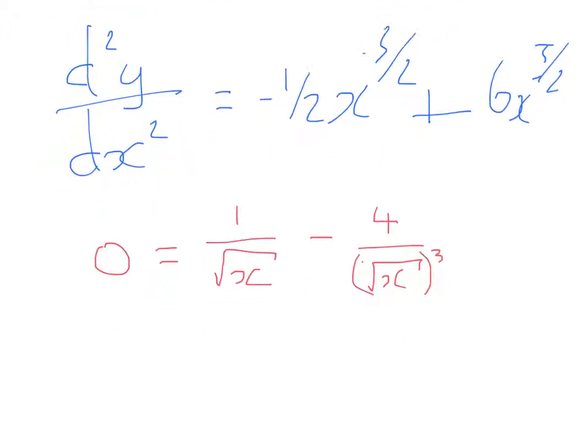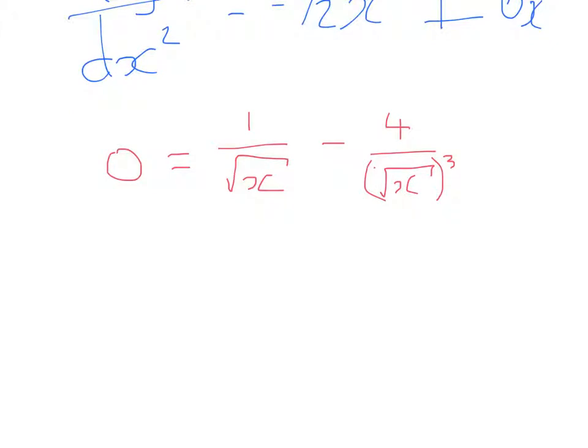Okay, this is not easy to solve. Let's just have a look then. Let's move our 4 over root x cubed to one side. So we have 4 over root x cubed equals 1 over root x.